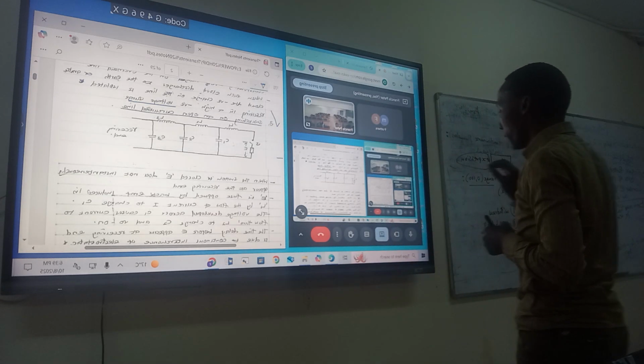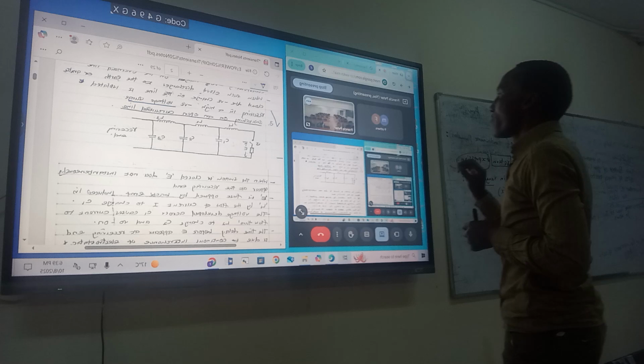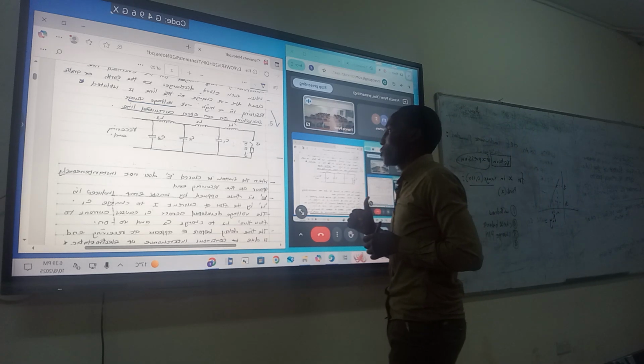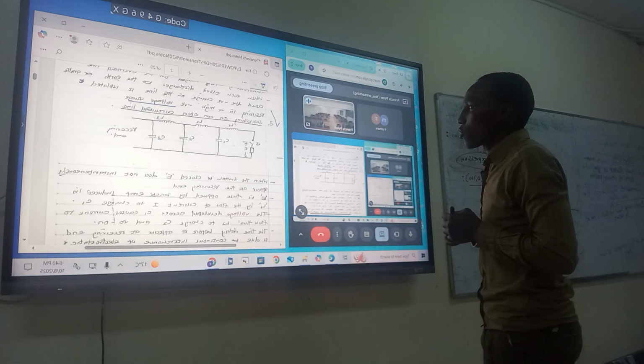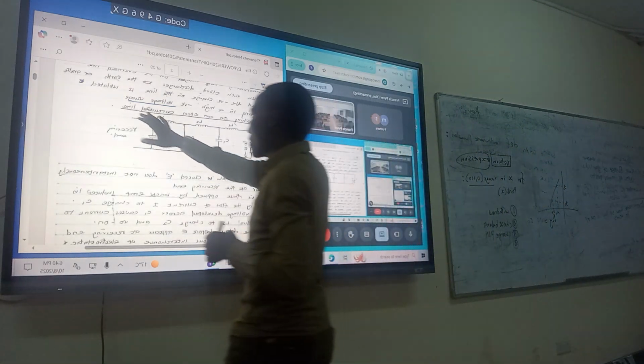We call it sparks. There will be some sparks that will be produced because of that switching on an open circuit line.